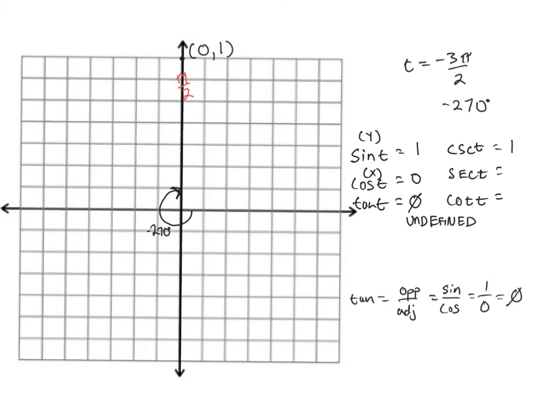However, our secant of t would be the inverse of cosine, 1 divided by 0. That in itself is also undefined. We'll just put that here, undefined. And then cotangent of t would be 0 over 1, which is just 0.